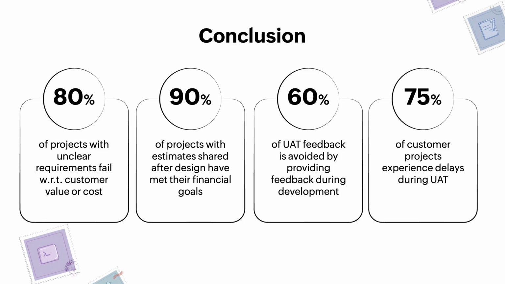Some final stats before we wrap up. So 80% of projects with unclear requirements fail due to the project requirements and the value and cost. 90% of projects with estimates shared after design have met their financial goals. 60% of user-acceptance testing feedback is avoided by providing feedback during the development.